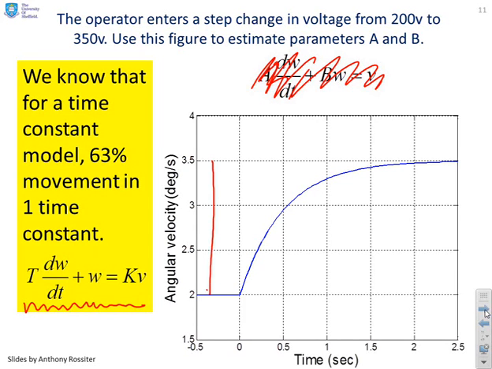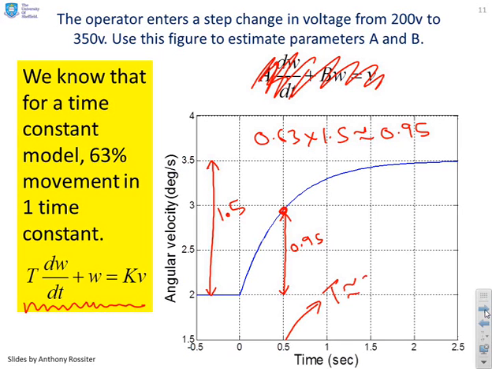Well, the total movement here is 1.5, and 0.63 times 1.5 is approximately 0.95, and so what you'll see is that distance there is approximately 0.95, and therefore T is approximately 0.5. So I can use this figure to give myself the time constant if I want the model in time constant form.